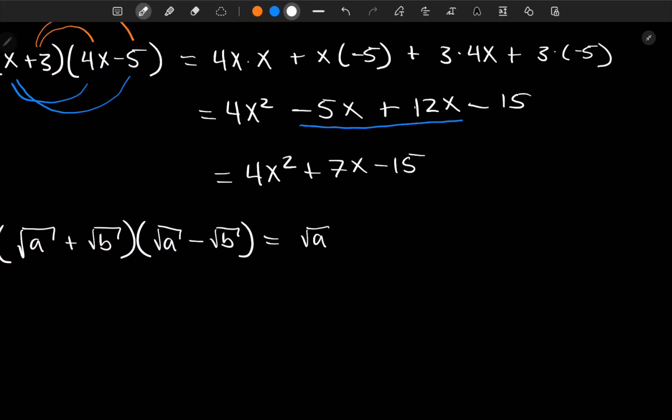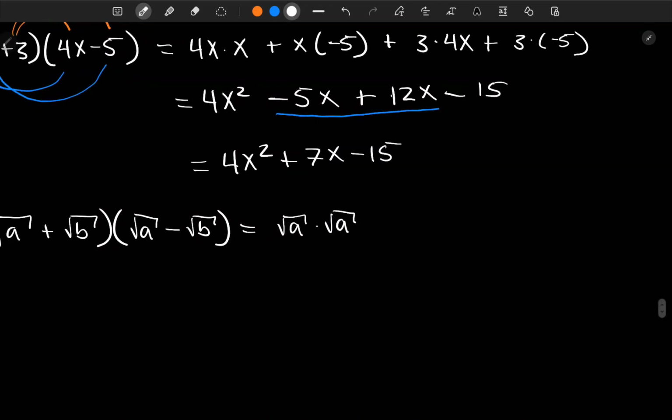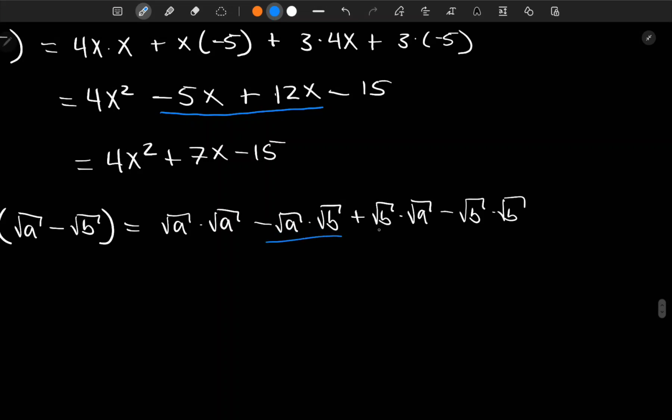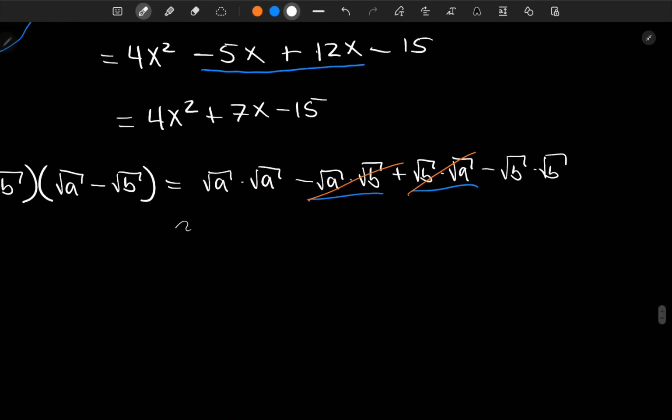So we get square root a times square root a minus square root a times square root b plus square root b times square root a minus square root b times square root b. Well, these terms are the same in value, but they have opposite signs, so they cancel out. And then the square root of a times the square root of a is just a. So we get a minus b.